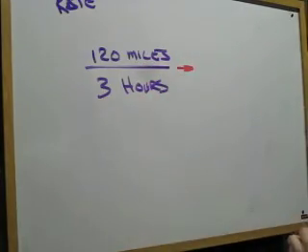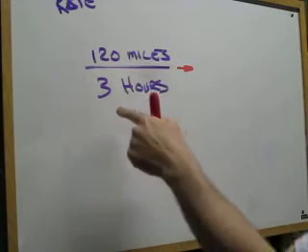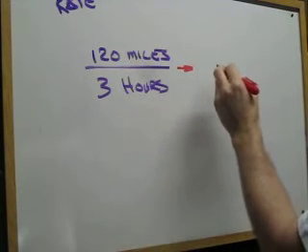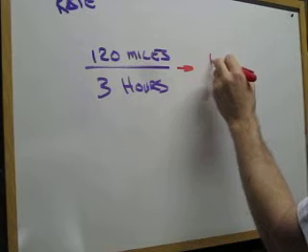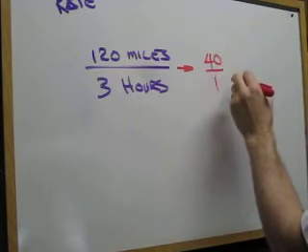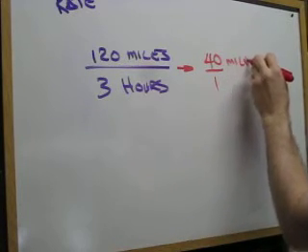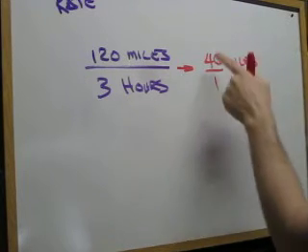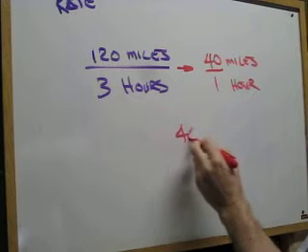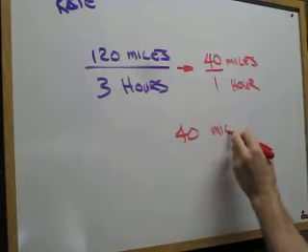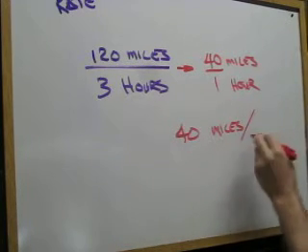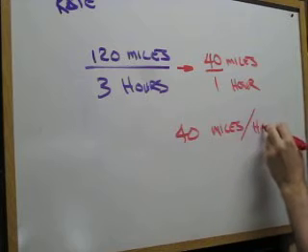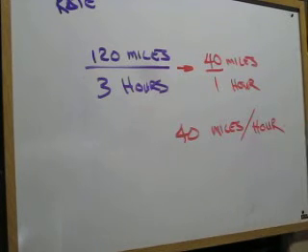So if it took 120 miles to go 3 hours and you were to reduce this, 120 divided by 3 would be 40 over 1. So 40 miles per 1 hour. Another way of writing this is 40 miles, and you can put a little mark like that for per hour.